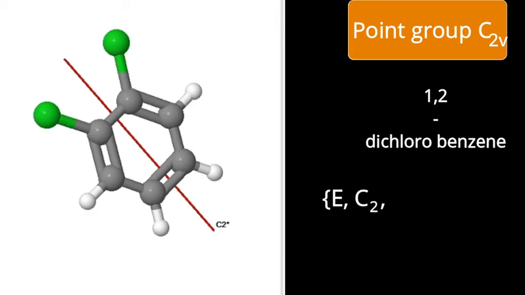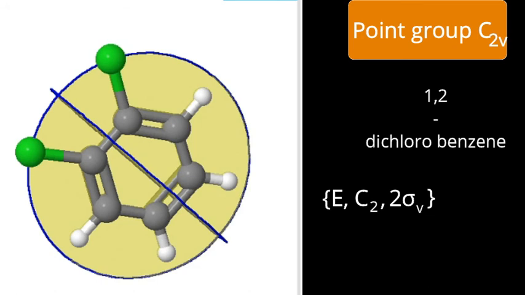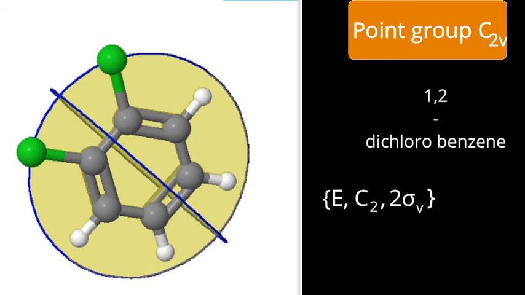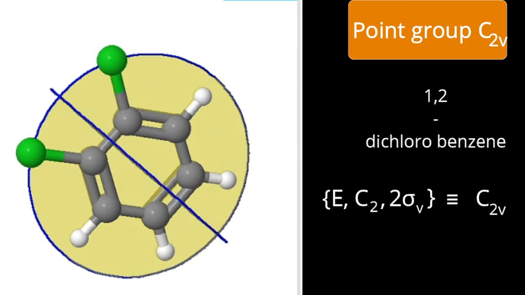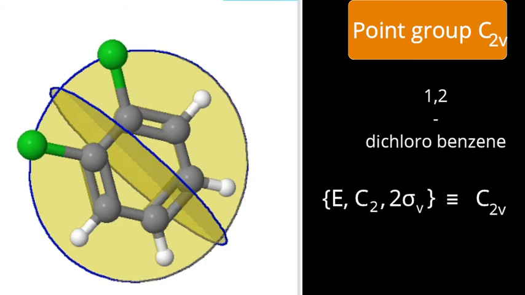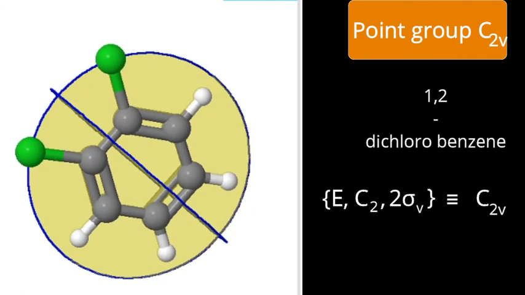So if I have to represent all possible operations, we already represented E, comma, C2, comma, and what should be there? 2 sigma V. That is a collection of all operations, a group of all operations. What can be the name for that group? Yes, C2V, because the principal axis is C2 and the kind of plane present is the vertical plane. So the point group is C2V.